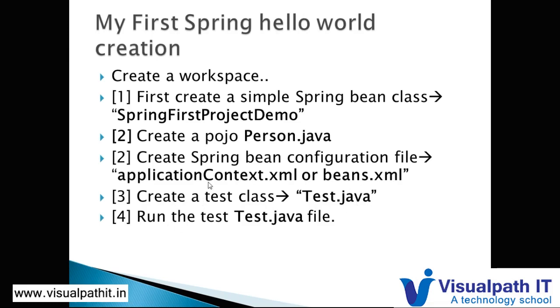This test class is nothing but our main program. I have given the name Test.java so that it is easily understandable. Running this Test.java file, these are the simple steps in which we can understand how Spring Framework Hello World works.